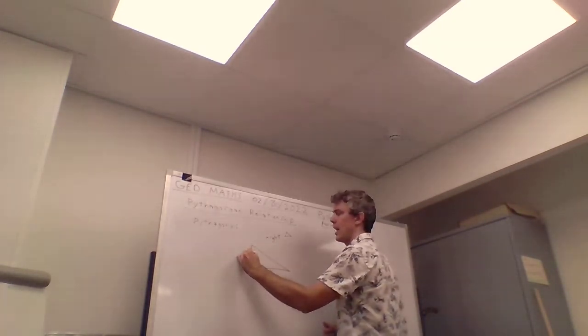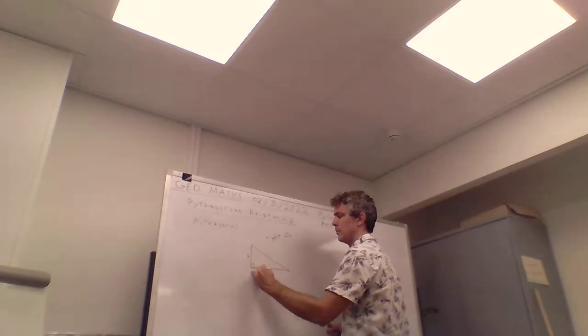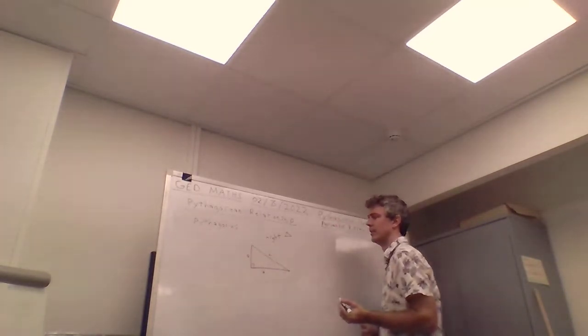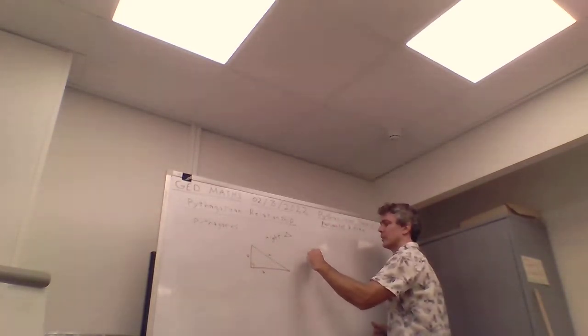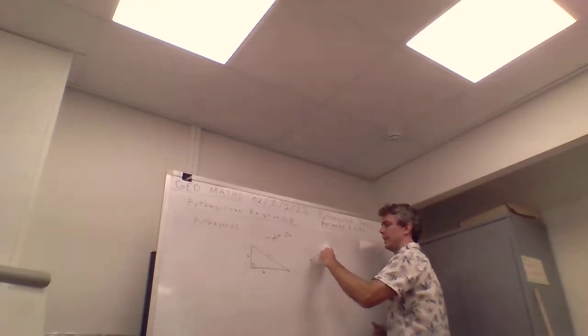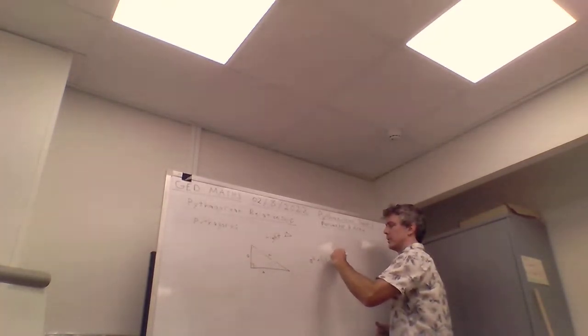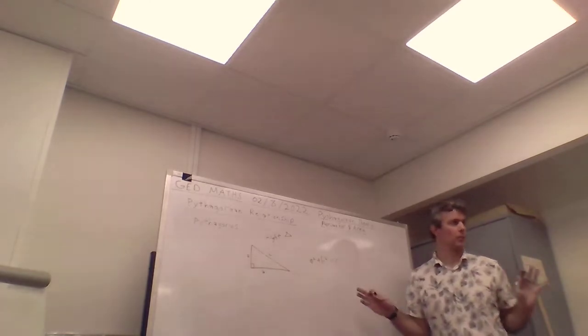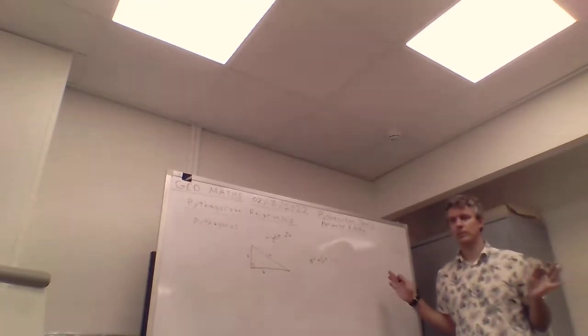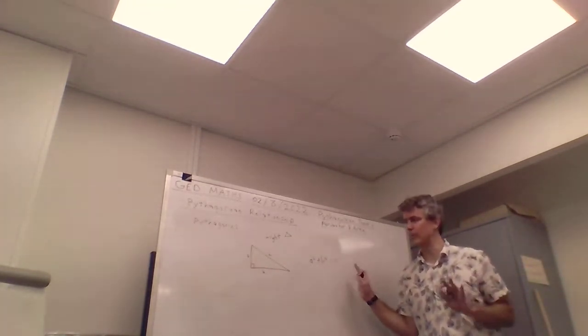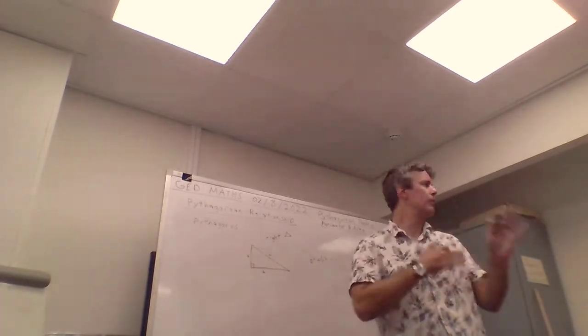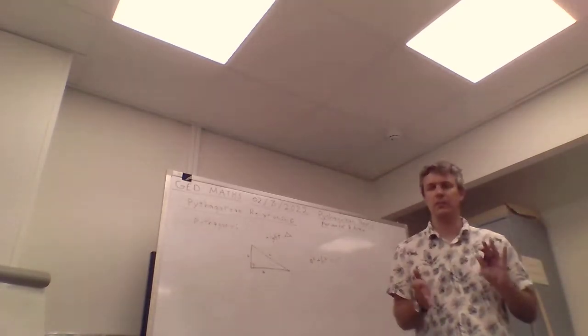So we call this A, and this B, and this C. It's basically A squared plus B squared equals C squared. That's the formula. You've probably encountered this before, but this is basically the formula. And there's all variety of different questions that can be related to using this formula.